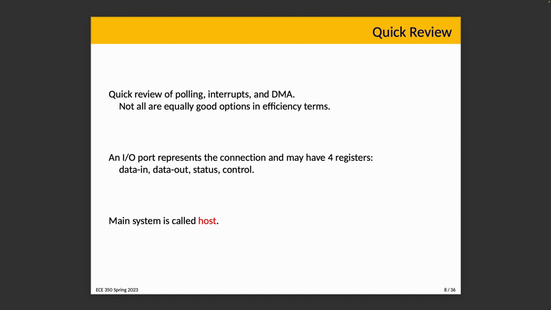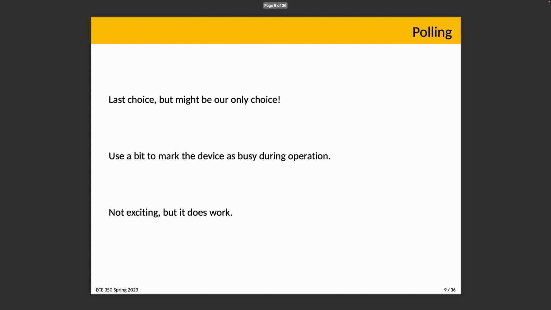The literature tends to refer to the main system as the host, because the code that's interacting with the device could be the operating system, or it could be user-level code, depending on the situation, so we use the word host. Now, polling is the most basic way to interact, and it's to some extent our last choice, but maybe our only choice.